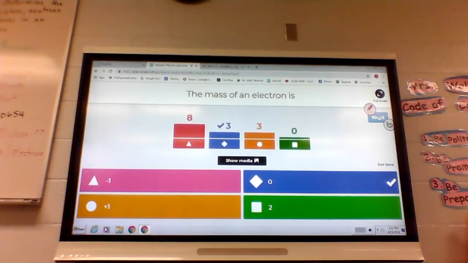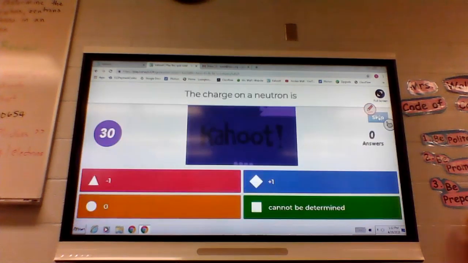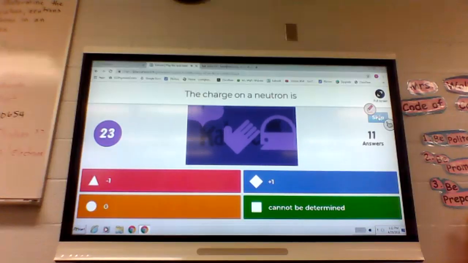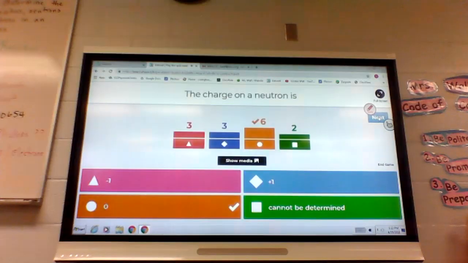Y'all pick the charge. The charge is -1. Its mass is 0. It's negligible. Charge on a neutron is 0.